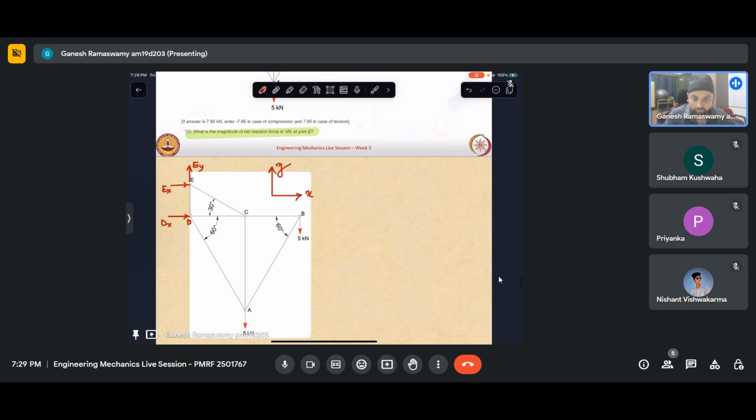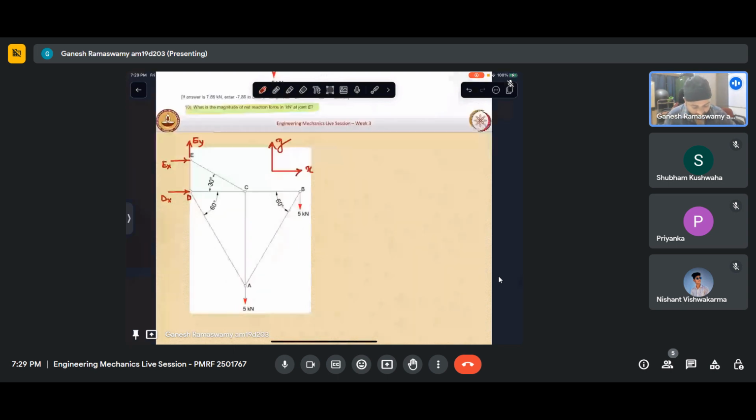Okay. So if we apply our equilibrium equations, Fx equaling 0, we get Ex equaling minus Dx because there are no other horizontal forces. So this is one equation we have got. So once we know one quantity, we'll know the other.